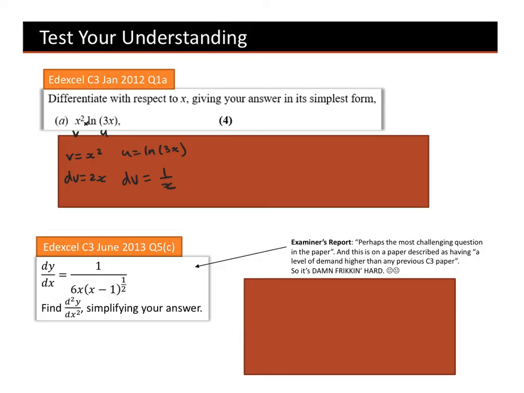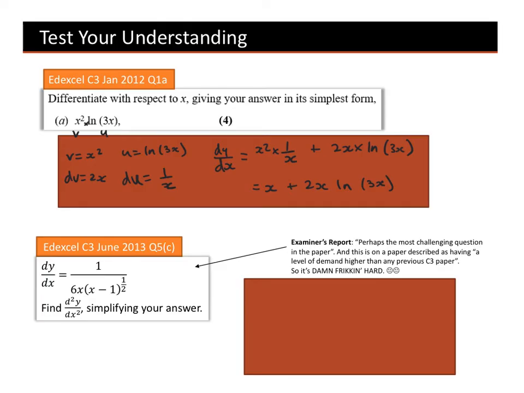So dy by dx equals v, which is x squared, multiplied by du, 1 over x, plus u dv, which is 2x multiplied by ln of 3x, okay? x squared multiplied by 1 over x is just x, plus 2x ln of 3x. Done. Full marks.